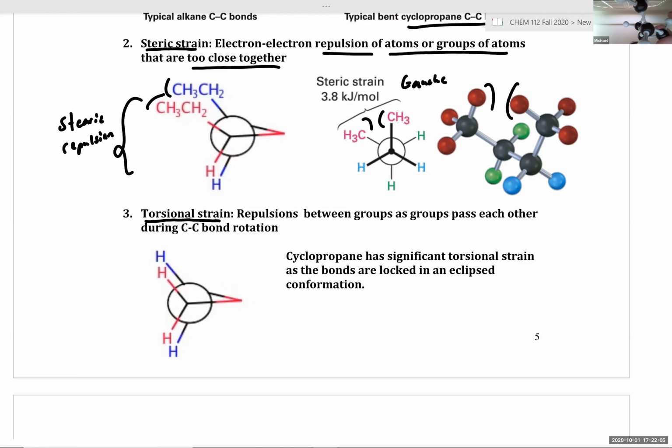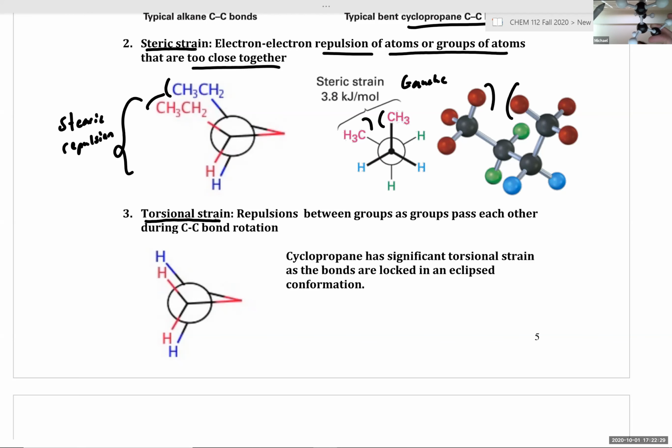My question to you is, what does it look like in terms of dihedral angle? If we look down one of our carbon-carbon bonds, what do we notice about our substituents in terms of dihedral angle? Are they staggered or eclipsed?